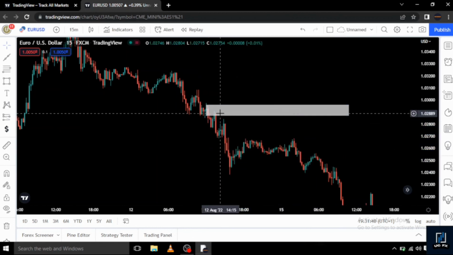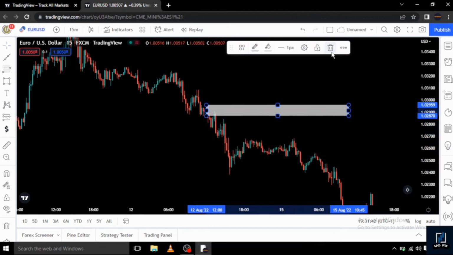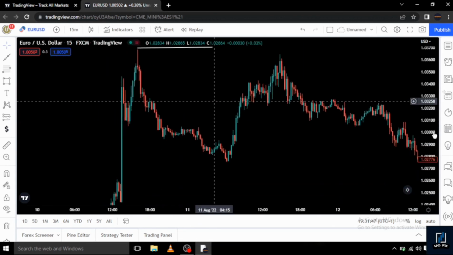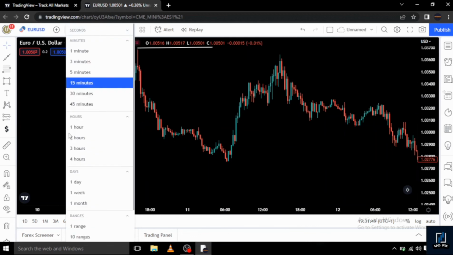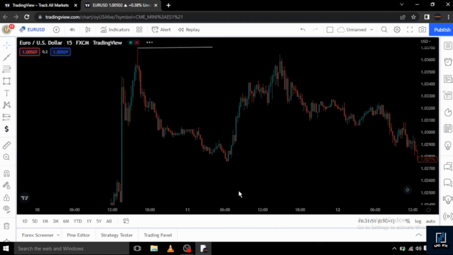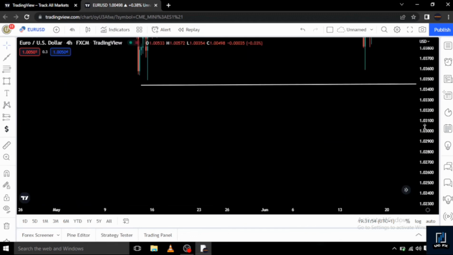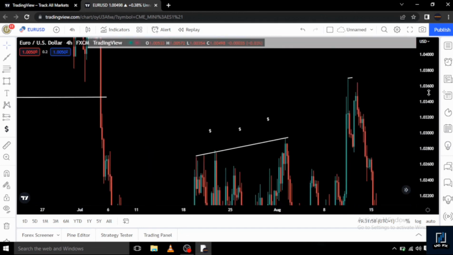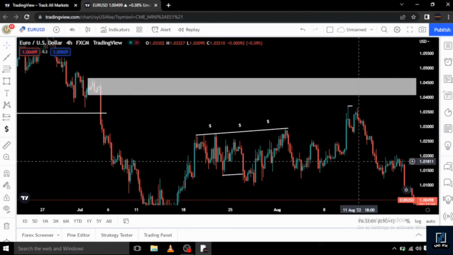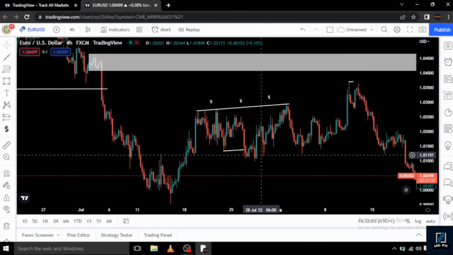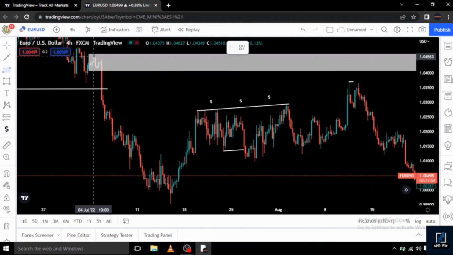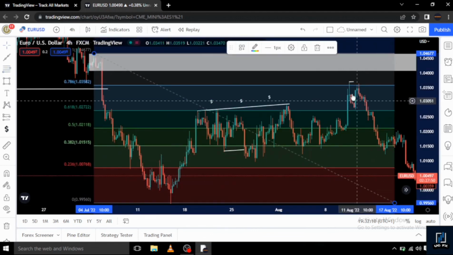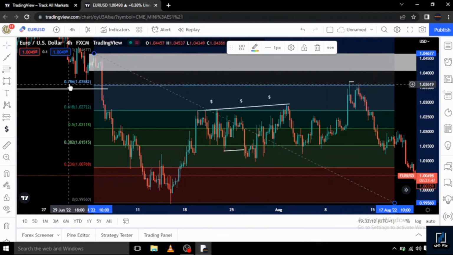This would make most traders not take this trade. But another way we would have taken this trade would be entering as soon as price tapped into this discount level on your 4-hour time frame. Using the 4-hour time frame, you would have entered at this point, and I think that would be a better entry. If you take your Fib from this high to these lows, you see that price came perfectly into this 0.786.